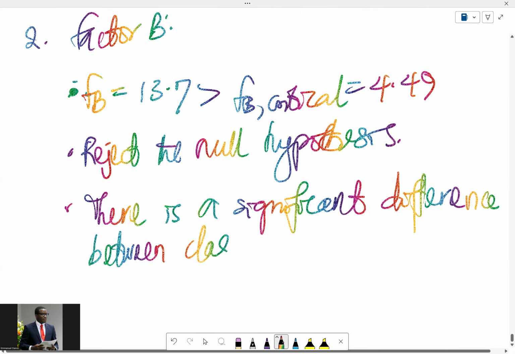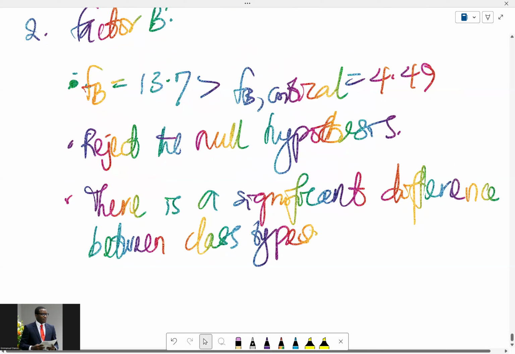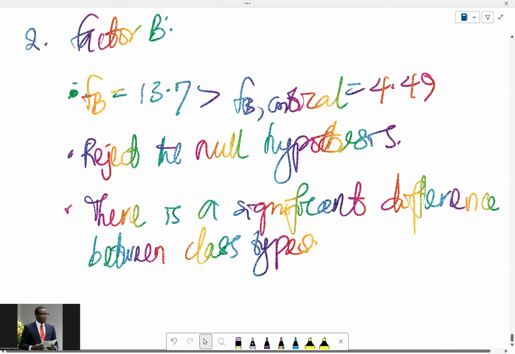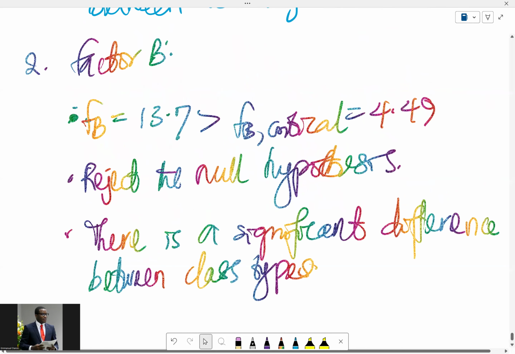So if you teach in the lab or in the lecture room, the results are significantly different. Of course, we don't know which is better, but we just know they are different. That's the idea here.